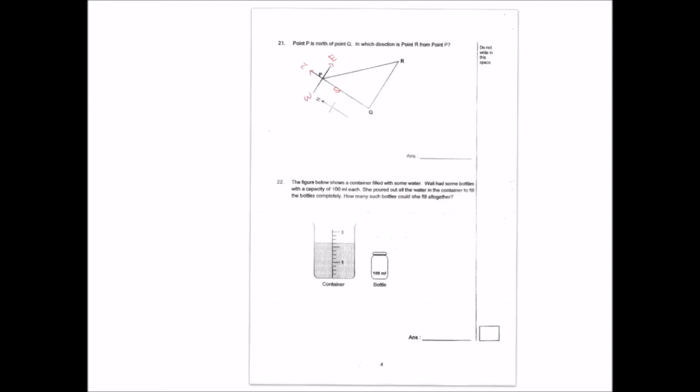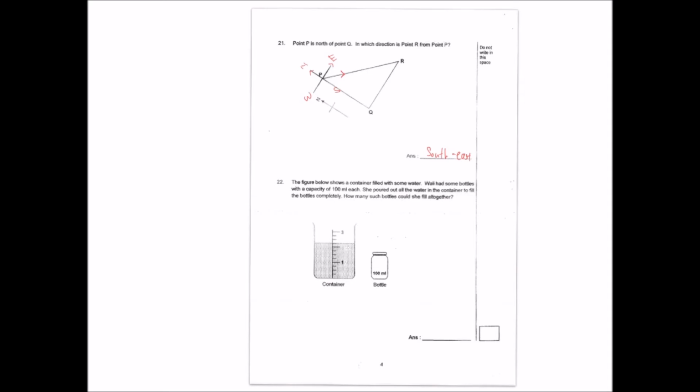They want to find in which direction is point R from point P. Point R is at this southeast position, so the answer will be southeast. Spell it out, do not just write SE.